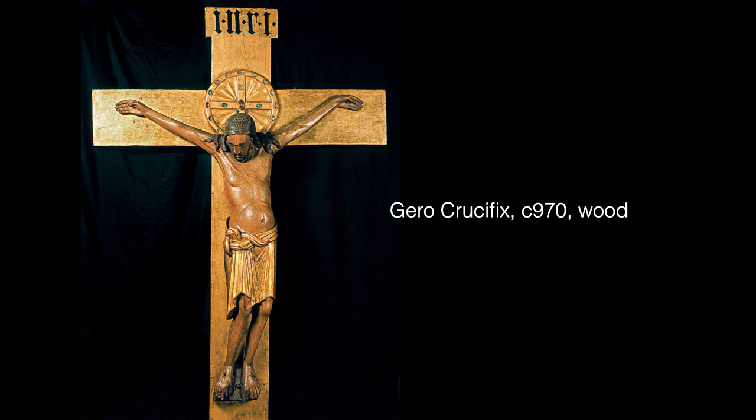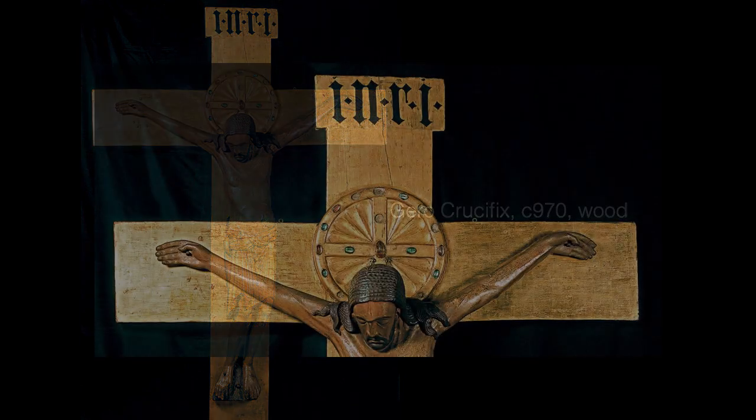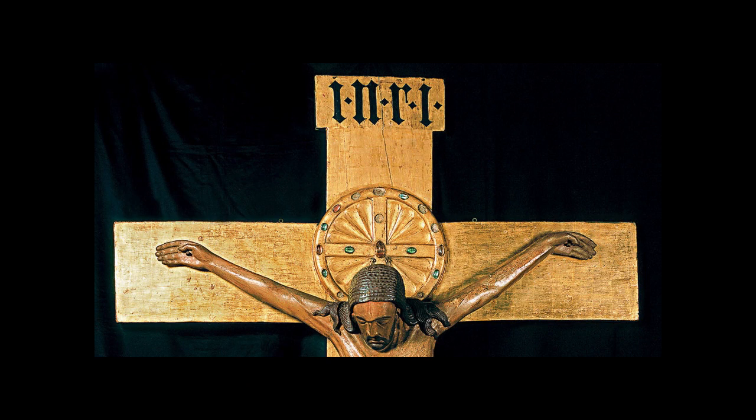And so when we see an image like this, we note immediately that this Christ on this crucifix is decidedly human. And why do I say that? Well, yes, we see a halo, and it's actually a nimbus because it is a halo that includes also a cross.